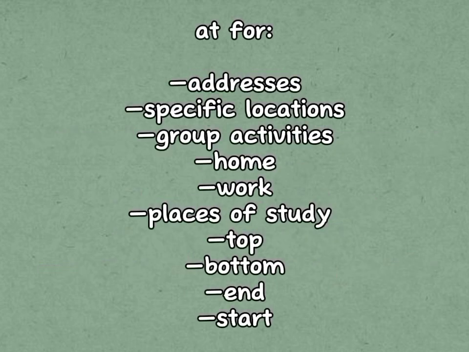We use at for addresses, specific locations, and group activities. We also use it for home, work, and places of study. We use it with top, bottom, end, and start.